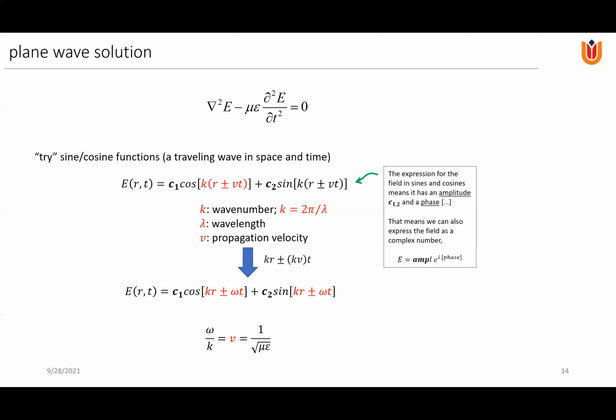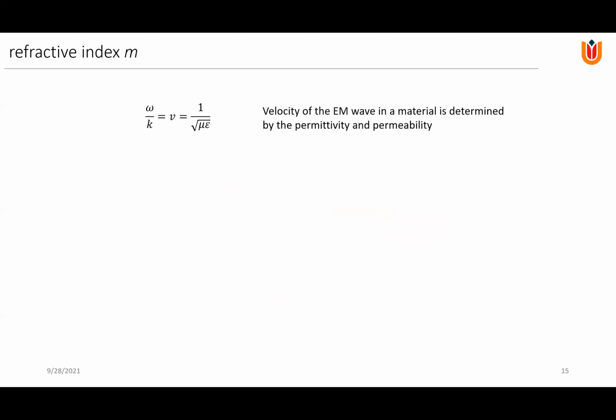I'm not going to dwell on this. You can look at this yourself. The important point is that the velocity of the wave in that medium is determined by these material properties, by this permittivity and permeability. So how fast an optical wave or an EM wave travels in the medium is given by these properties.